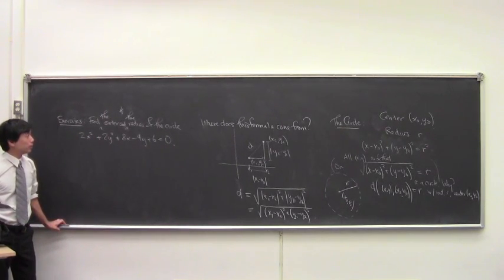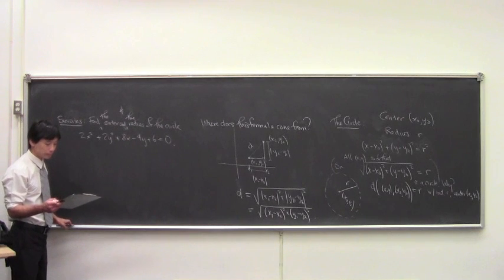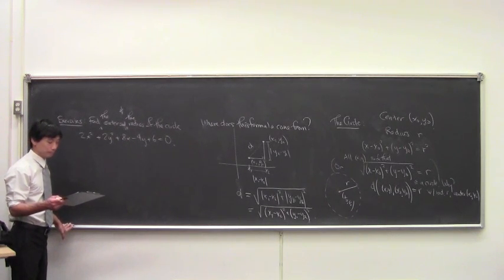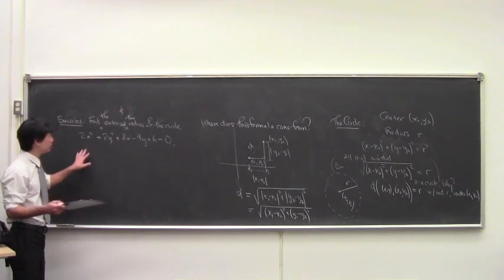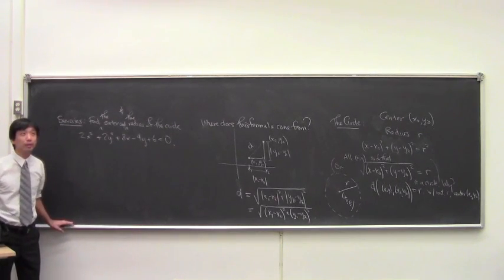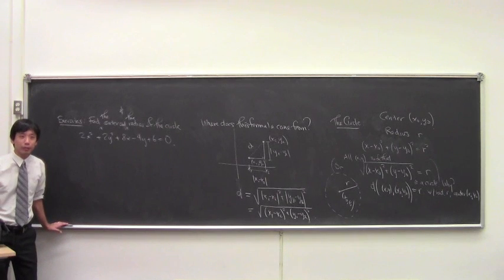Okay, so what do you do in this case? Or should I let you try it? Try it. Take half a minute and see if you can do it, just as a refresher. Maybe 1 minute.